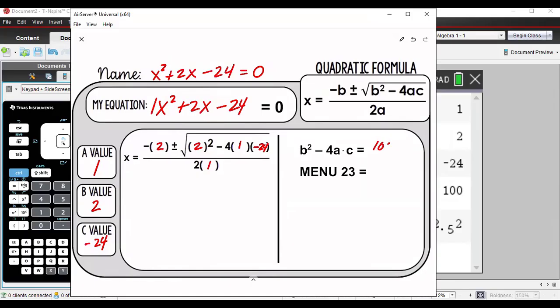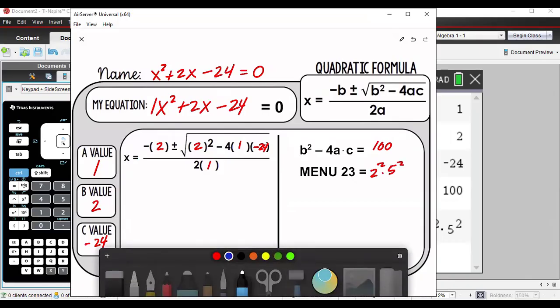So this is 100, and this is 2 to the second times 5 to the second. Both of the exponents are even, so we know this is a perfect square, which means that our roots are going to be rational. When we take the square root of a perfect square, it's always a rational number. So now we're just going to find what our two roots are.